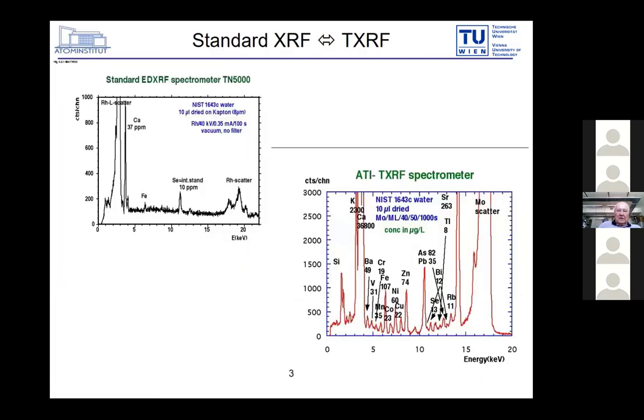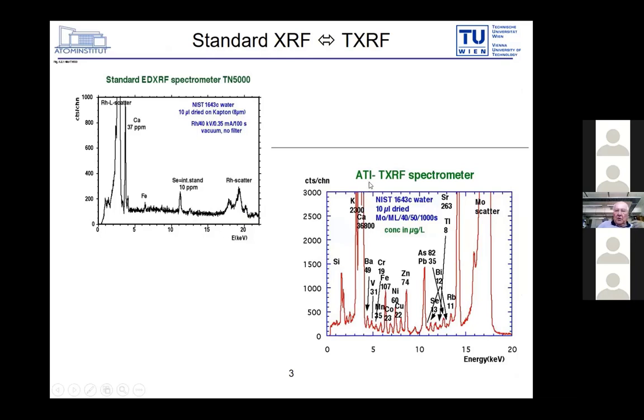We have here the result. You have here the same sample measured in a conventional system with a tracker system. You can see ppm levels very, very good. You have here the calcium, you have the standard selenium, and the rest is completely covered by the background.